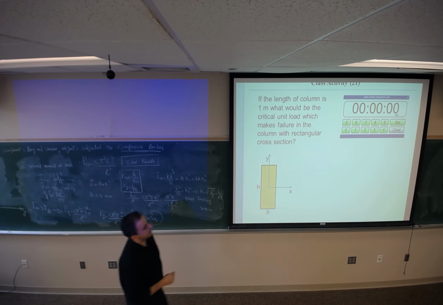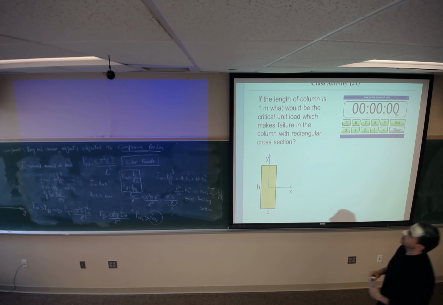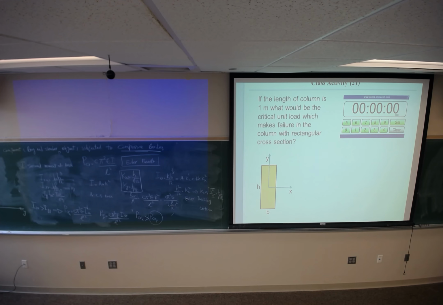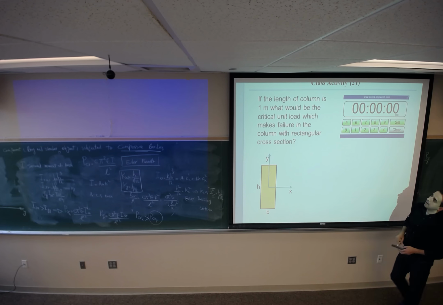In this class activity, I was asking you if the length of the column is 1 meter, what would be the critical unit load P critical over A, which makes failure in a column with rectangular cross section.